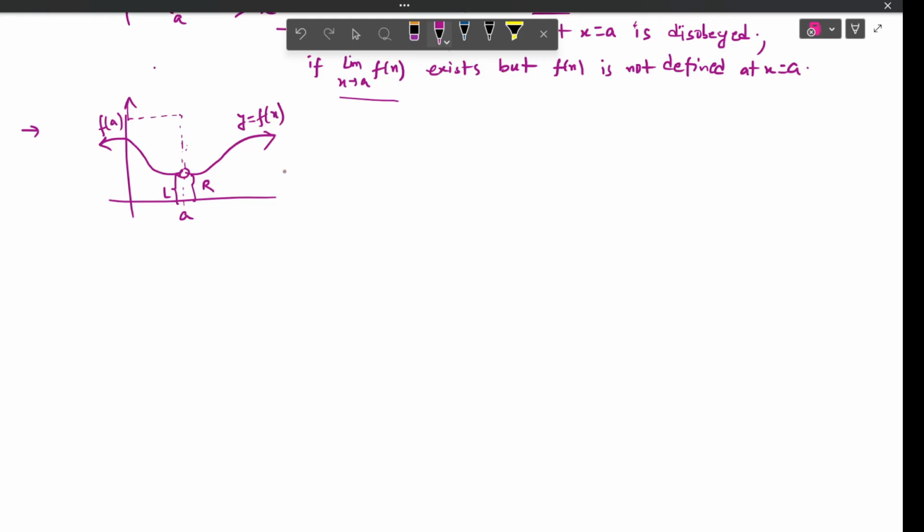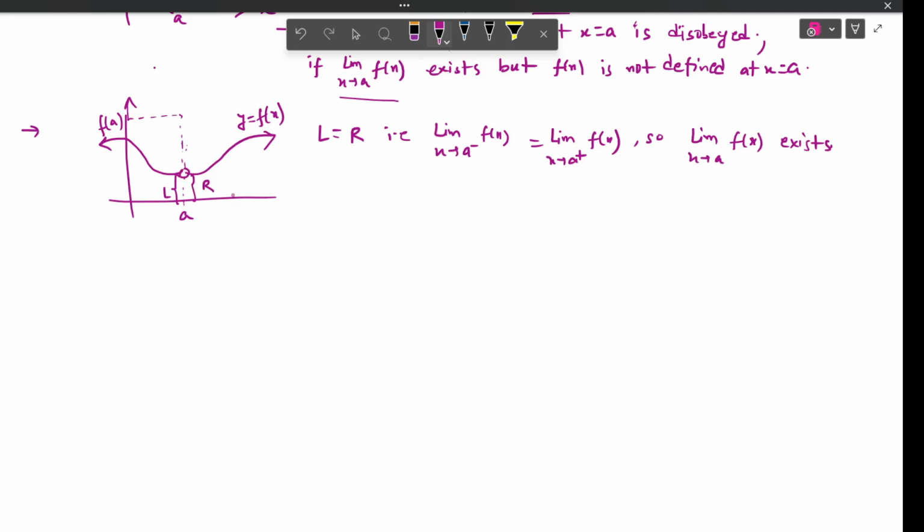So from this graph also we can say that L equals R, that is limit x tends to a minus f(x) equals limit x tends to a plus f(x). These are equal. So we can say limit x tends to a f(x) exists, but we can see that there is a hole in the curve, right?